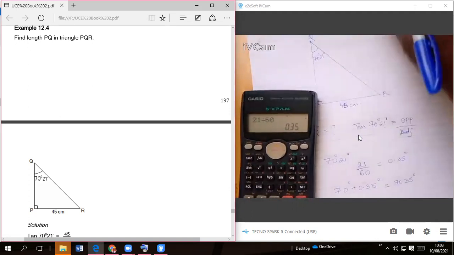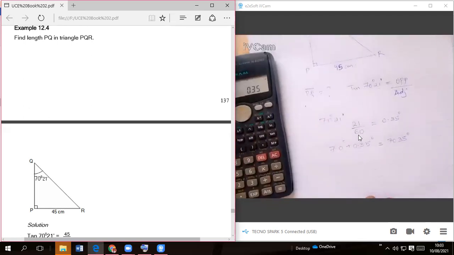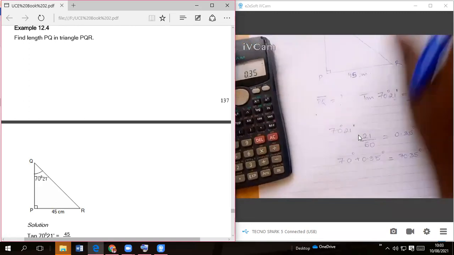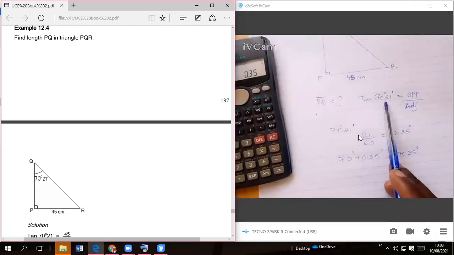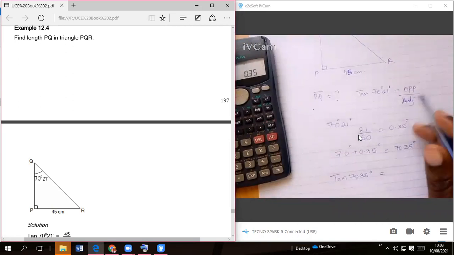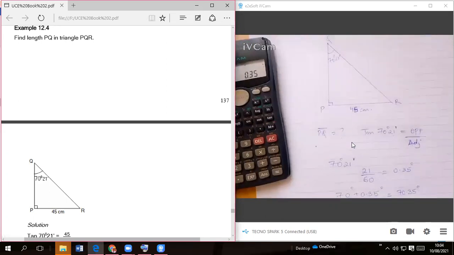So it means that in this triangle that you are seeing here, instead of saying tan 70 degrees 21 minutes, we shall say tan of 70.35 degrees, which is equal to the opposite. What's the opposite in that case?